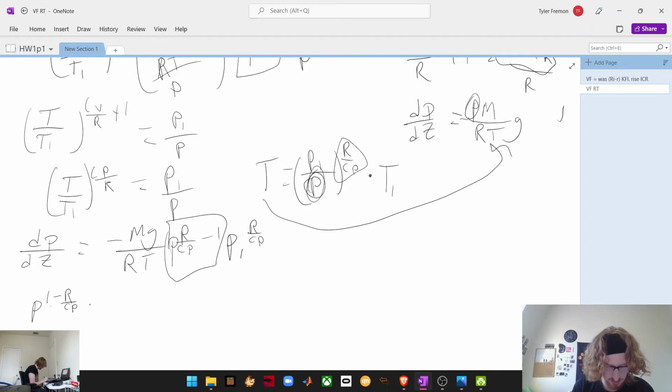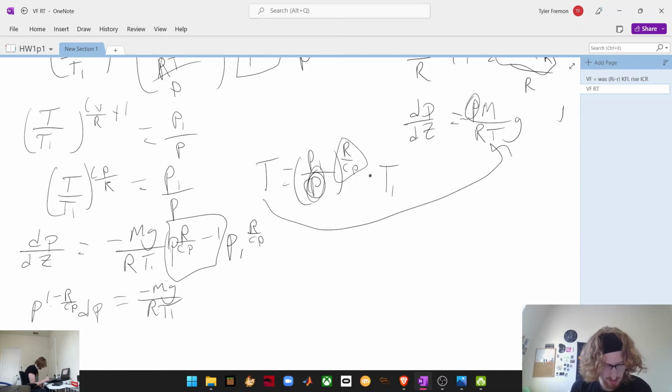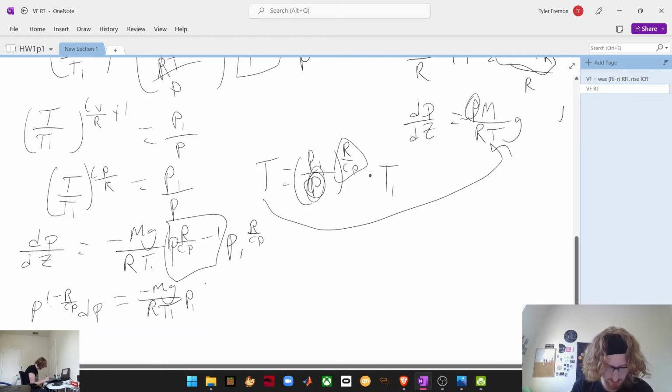And then dP is going to be equal to negative mg over R T, sorry, that should be a T1 up here, T1 times P over R Cp, or P1 to the R over Cp dz.